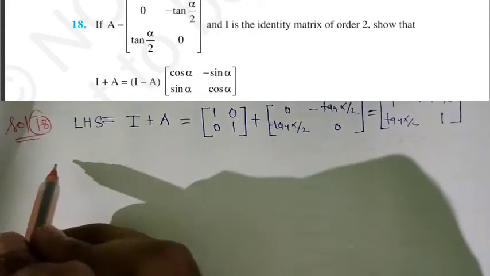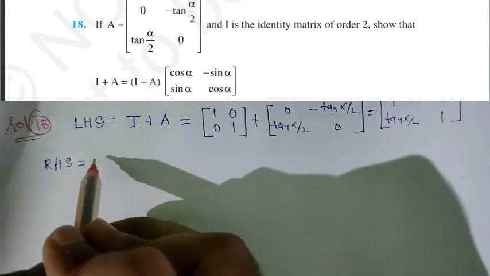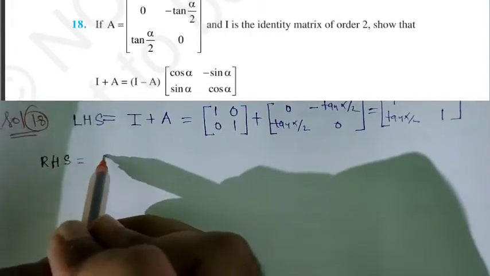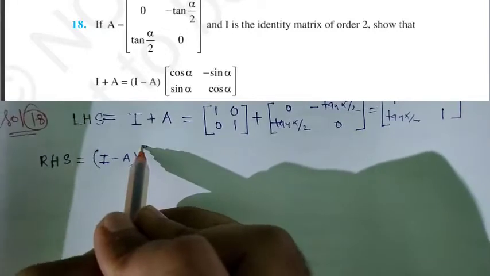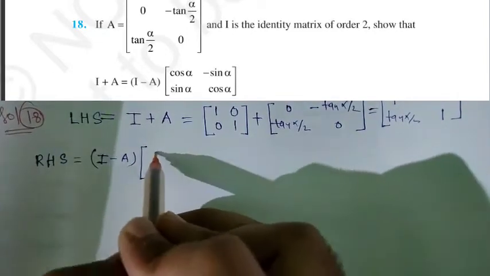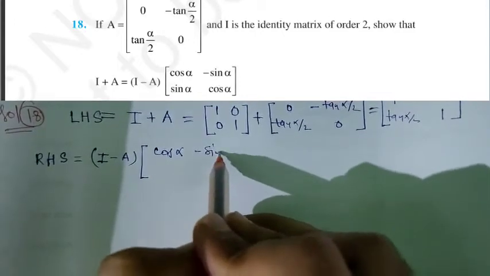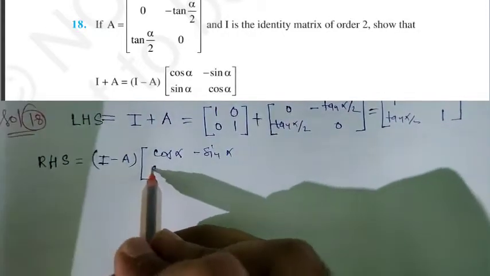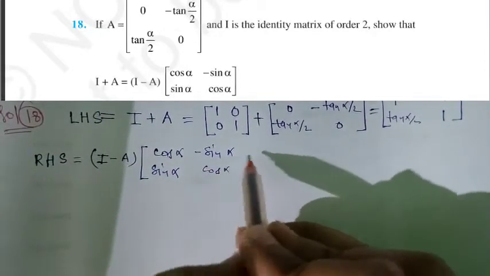Now RHS. RHS is the difficult one. I minus A, and we have to multiply it with [cos alpha, minus sin alpha; sin alpha, cos alpha].